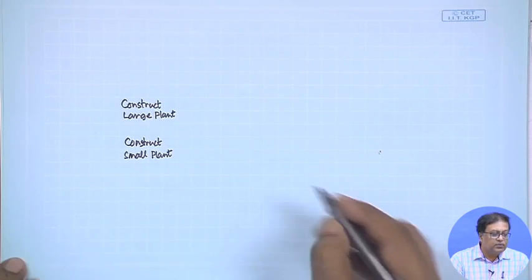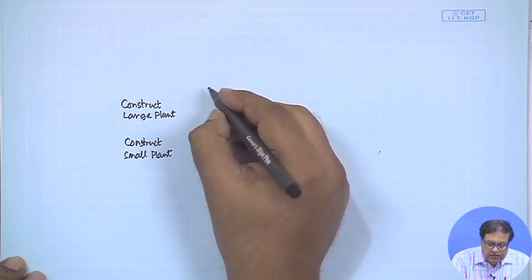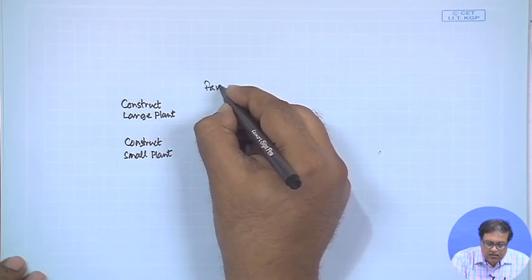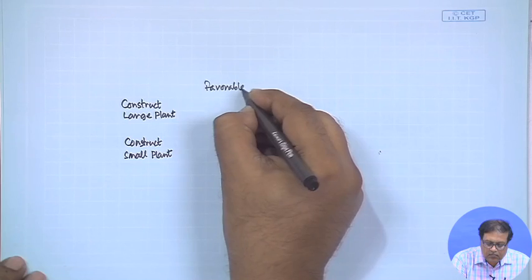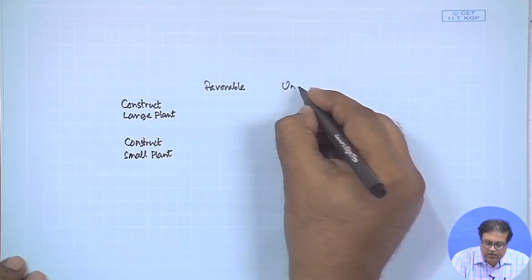We again have two states of nature, favorable and unfavorable.